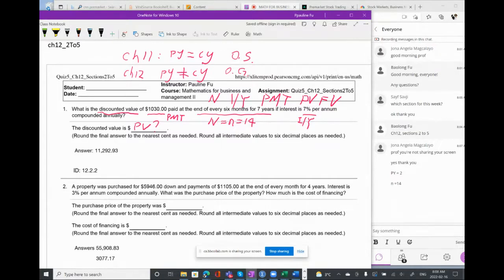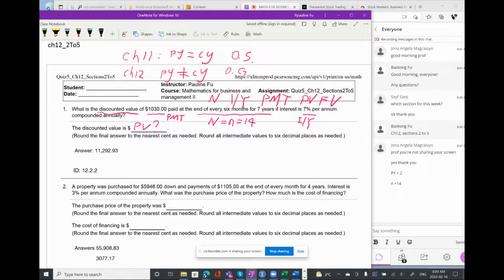Okay. So we are asked to find PV, but we are only given 3 numbers: PMT, N, IY. Remember, we need 4 numbers in order to do the calculation. What is the other number? We need 4 numbers in order to calculate present value PV.